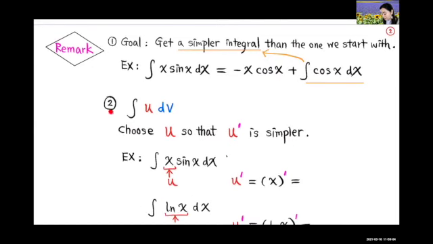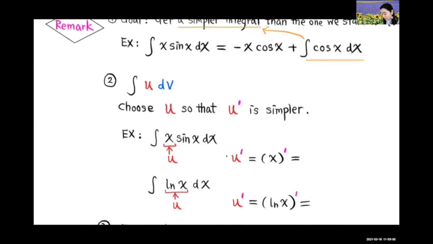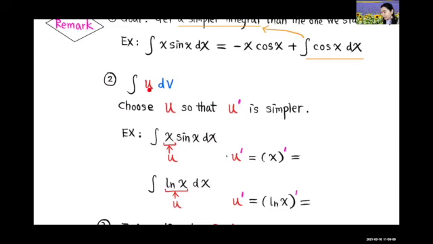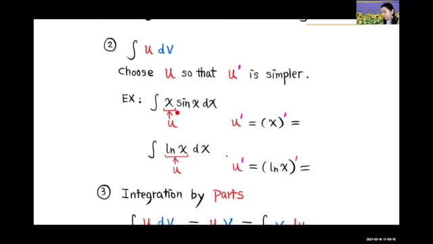Another, number 2, remark here. When you choose u for integration by parts, you choose u so that u prime is simpler. For example, for this function that we integrate, we choose u to be x. u prime will be x prime, which is equal to 1. 1 is simpler than x.